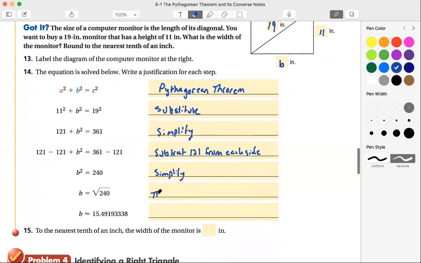Then we're going to take the positive square root. And then we're going to use a calculator because that's not a perfect square. To the nearest tenth, the computer width should be 15.5 inches.